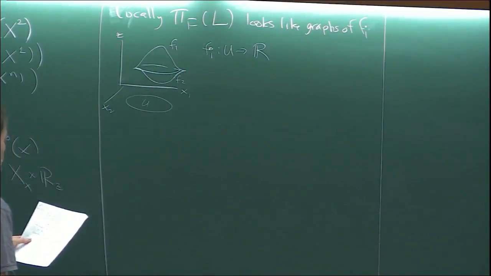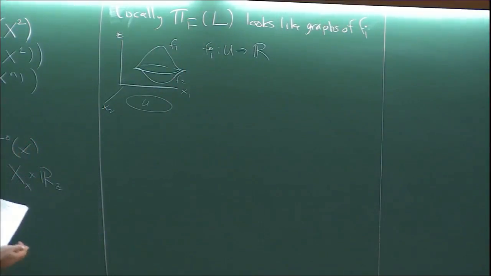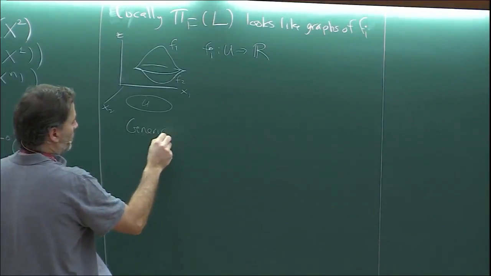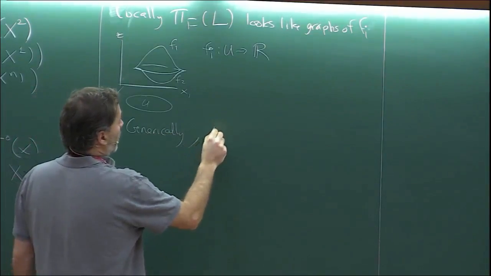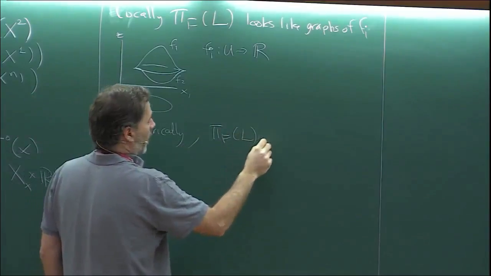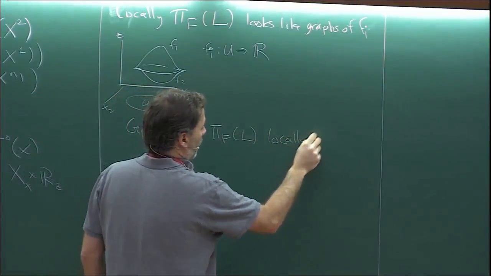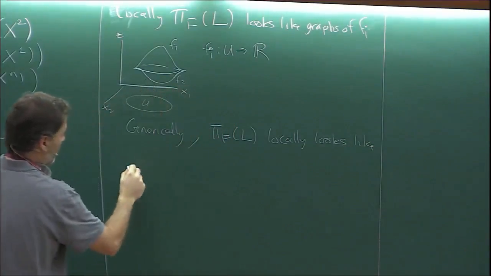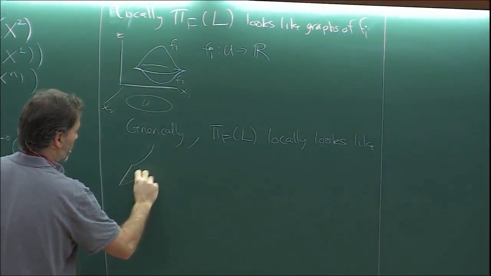I've drawn this example a number of times because it's the easiest one, but generally, what does this thing look like? Locally, it looks like not too many things. There's this cusp edge that we were talking about here.